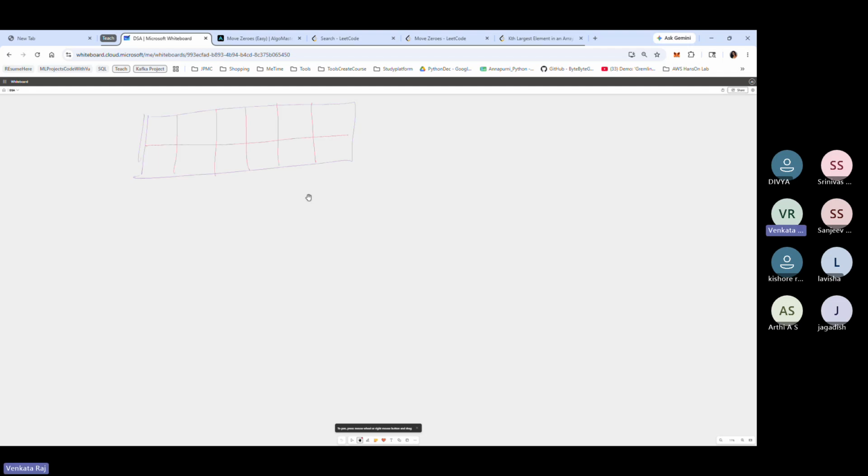So we have 2 pointers. Let me put the pointer as an arrow mark. Guys, is it visible, or do you want me to increase the size? It's visible, right? It's visible.